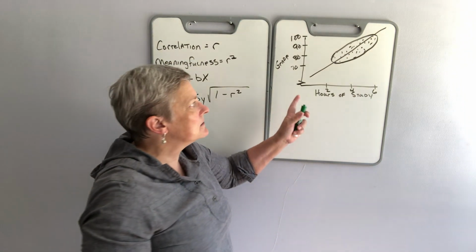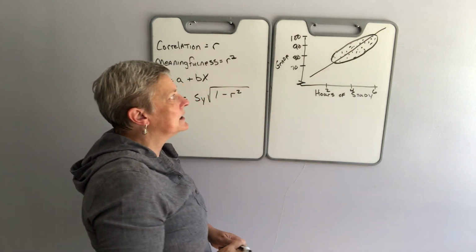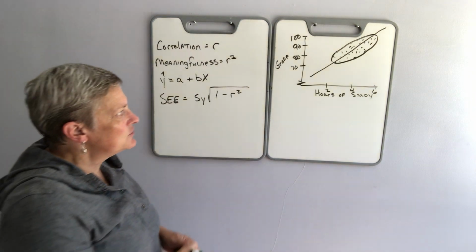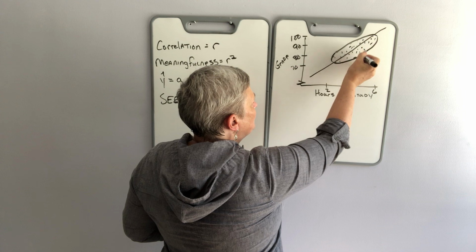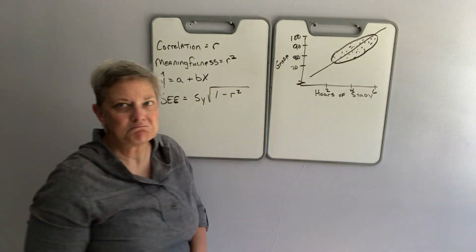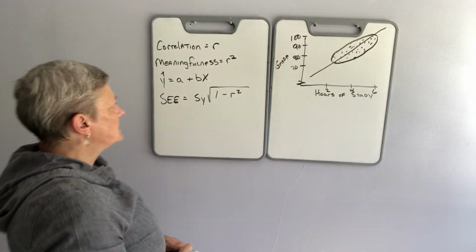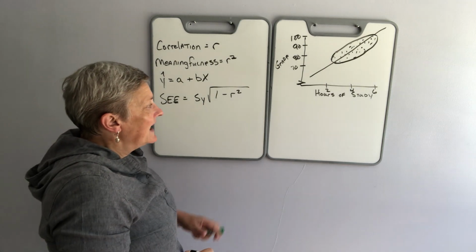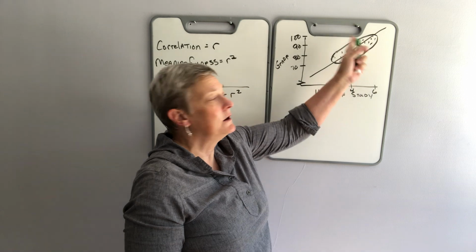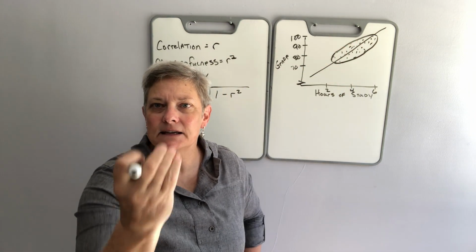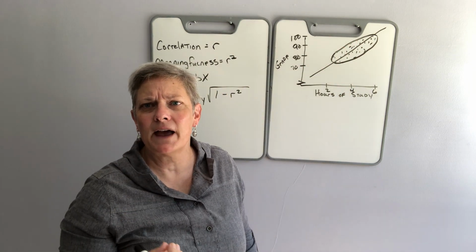If I lasso that data, I want to draw a line so I get the shortest distance between the outer reaches. So the next thing I need to do is calculate what that distance is, or how I account for that data.